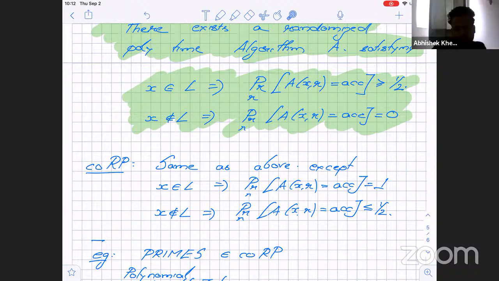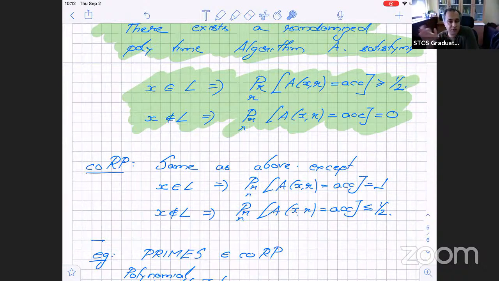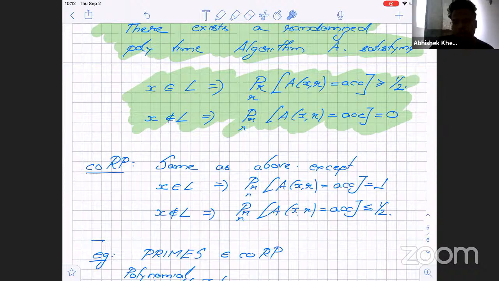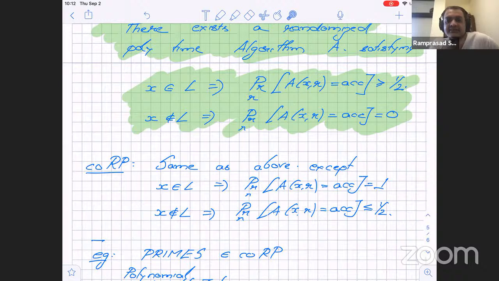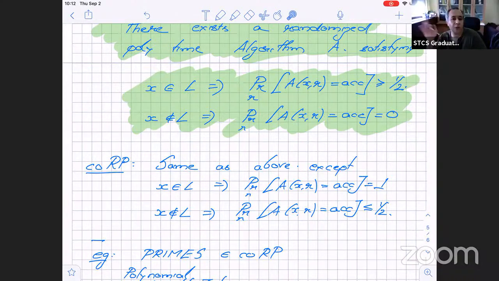If it says reject, then it is definitely a reject, because these are one-sided error algorithms. If it's in RP, the mistake is only in the no answers. So if it ever says accept, you accept. Therefore, in this case, you don't have to do majority.